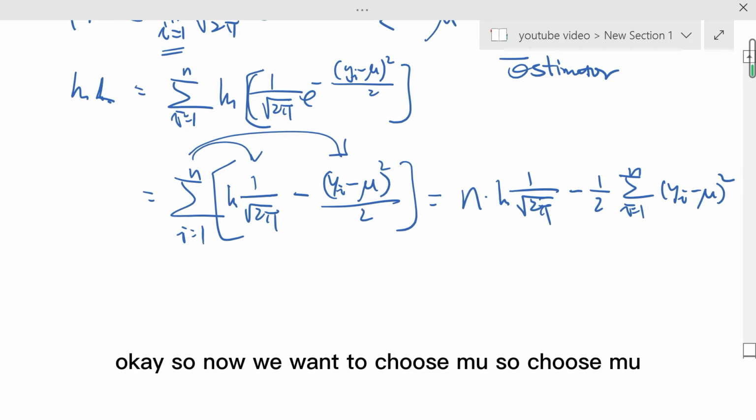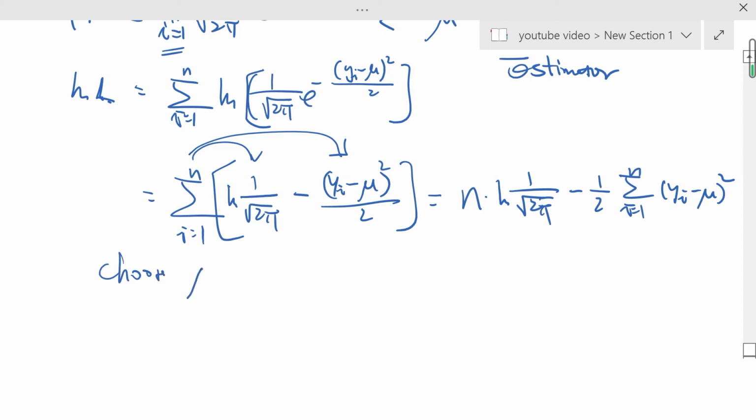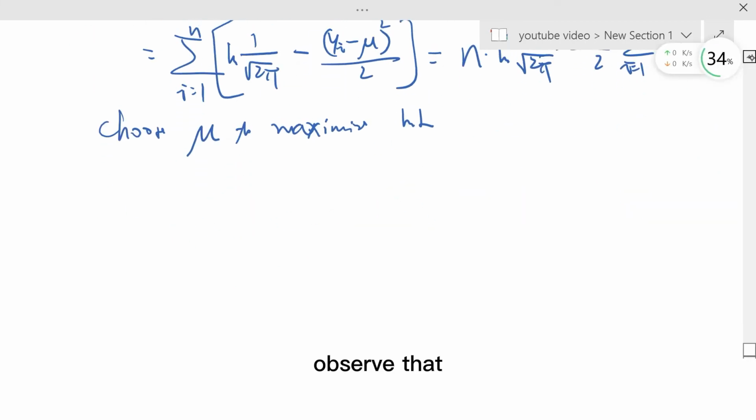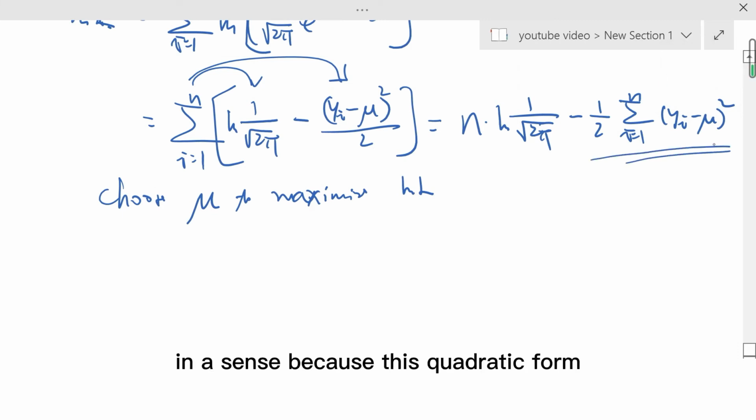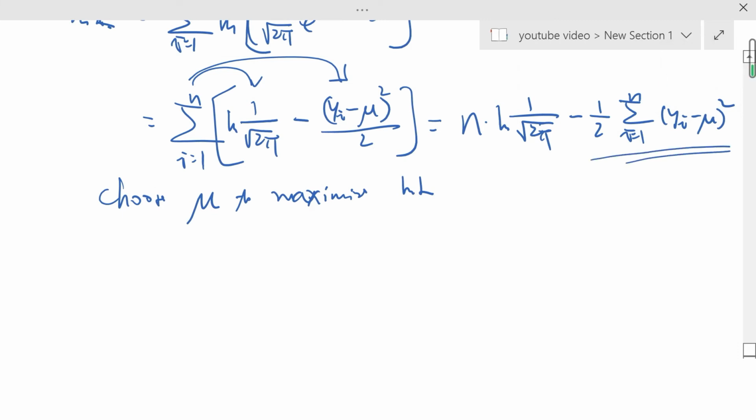Okay, so now we want to choose mu to maximize ln L, which is a function of mu. And observe that this function is actually a nice function in the sense that its quadratic form is easy to maximize.